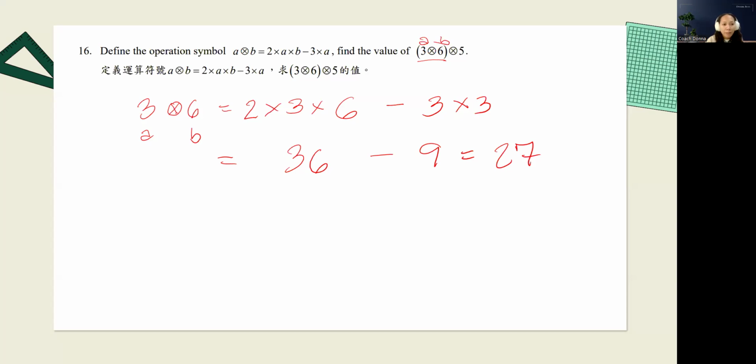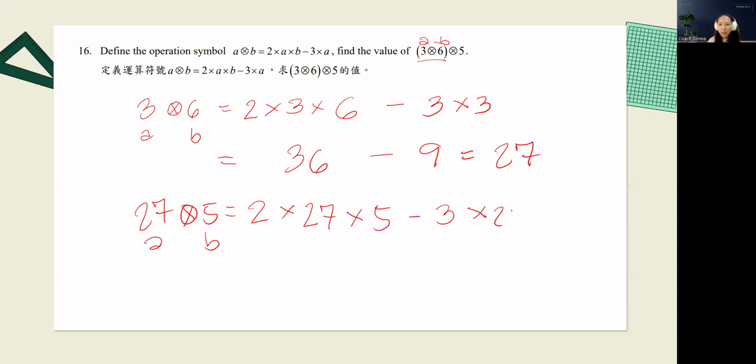If we have 27, symbol 5, the next step would be 2 times, remember this is A and this is B. So 2 times A, 2 times 27 times 5 minus 3 times 27. So from here, we can actually take out the times 27. So it makes things easier for us.